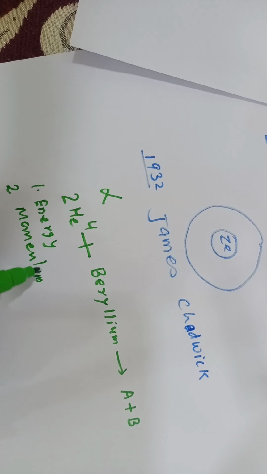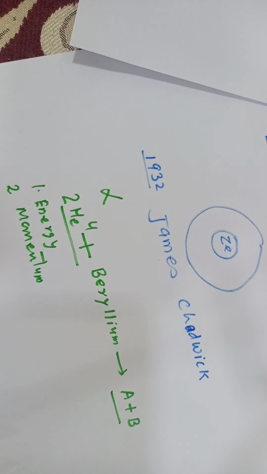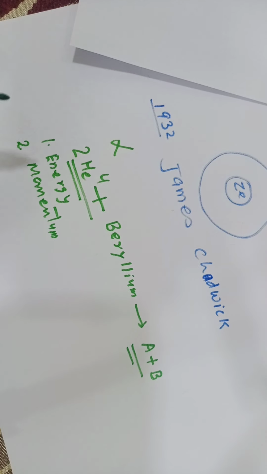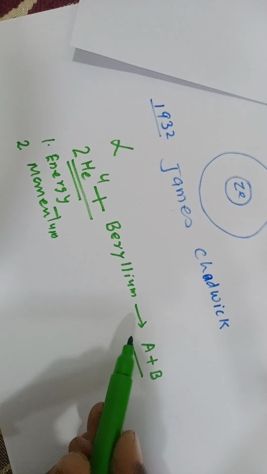If we find the momentum on the left hand side and right hand side, and the energy of the left hand side and right hand side, this equation will be balanced only when some radiation comes out from the nucleus, because the alpha particle is bombarded.